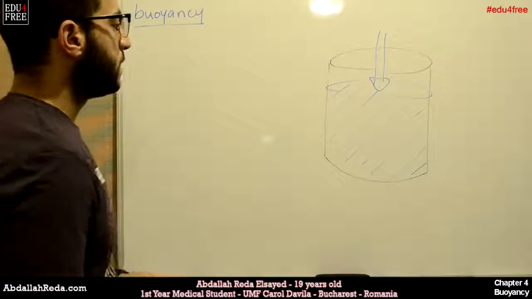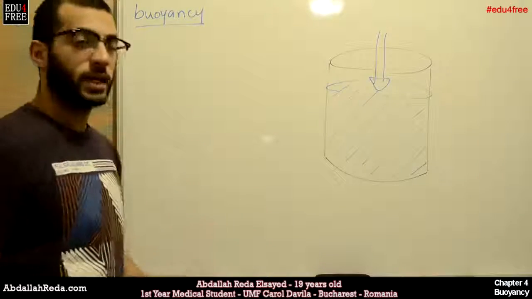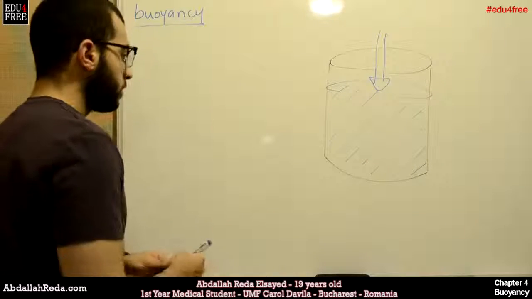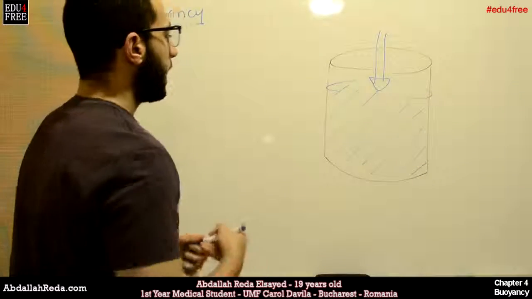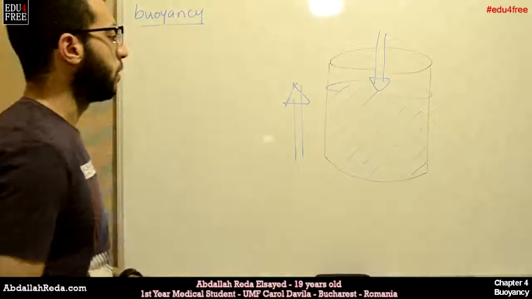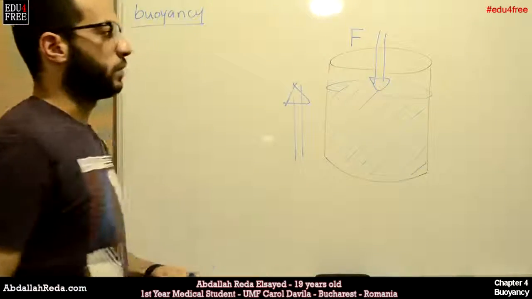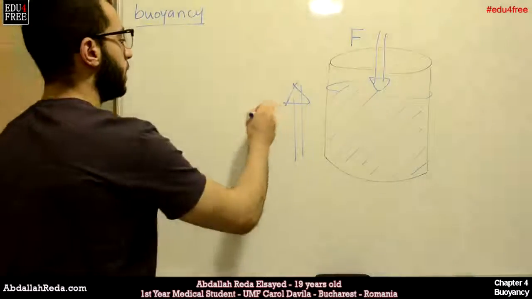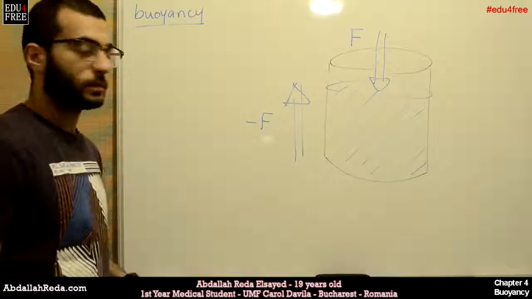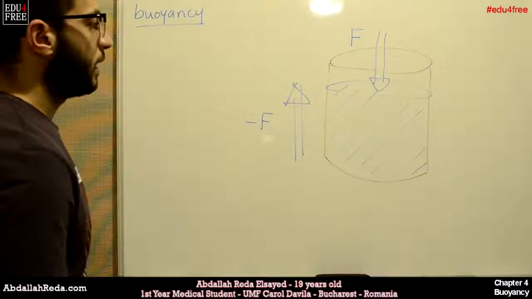So what happens is, according to Newton's law, for every action there is a reaction which is equal in magnitude and opposite in direction. So the liquid will act in an opposite direction. If the object acts with a force, then the liquid will act with a negative force, equal in magnitude and obviously opposite in direction.